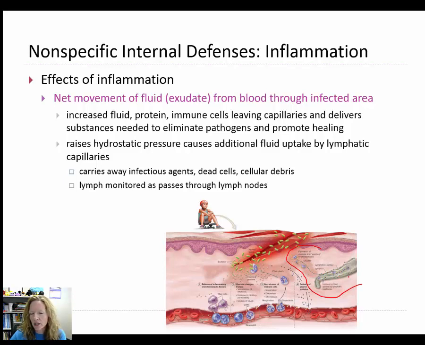Remember, to get fluid into the lymph, we need to have a pressure gradient. So this really big pressure gradient is going to move a lot more of the fluid into the lymph. And with that fluid, it's going to push, hopefully, any other pathogens that might not have been eaten up, or little remnants of pathogens as well.